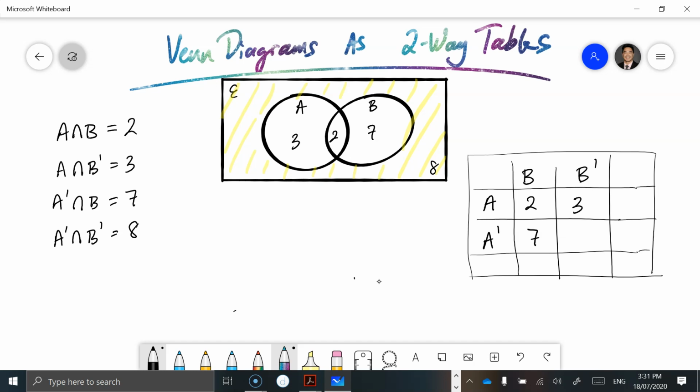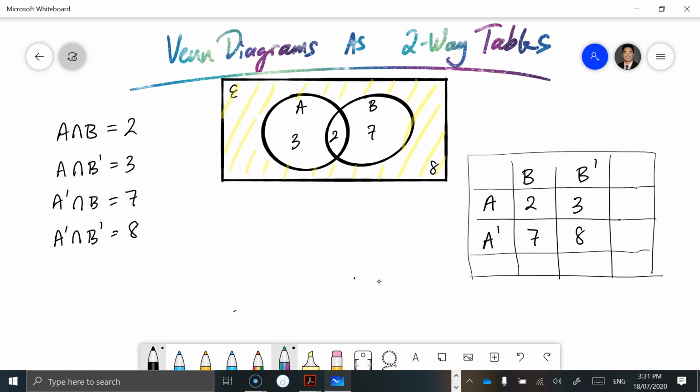And those who don't study art or biology is going to be 8. And as you look at this, on the right-hand side, we've got a tally, which is kind of like the total. You want to make sure that it matches everything that's in the table here. So if I were to ask you how many students study biology, we could see in this diagram, 7 plus 2 is 9.